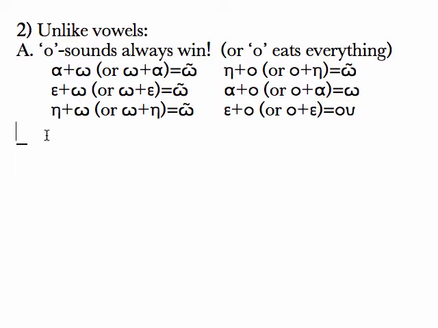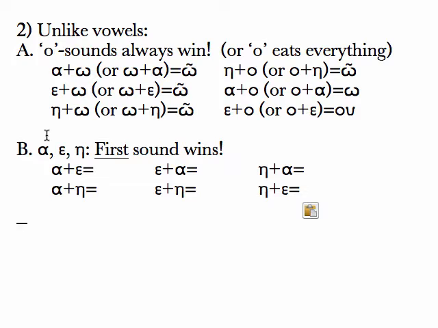The next possibility that might happen is you don't have an O sound. In that case, if you've got an alpha, an epsilon, or an eta, the order of their combination does matter. And the first sound to appear is the sound that's going to dominate.